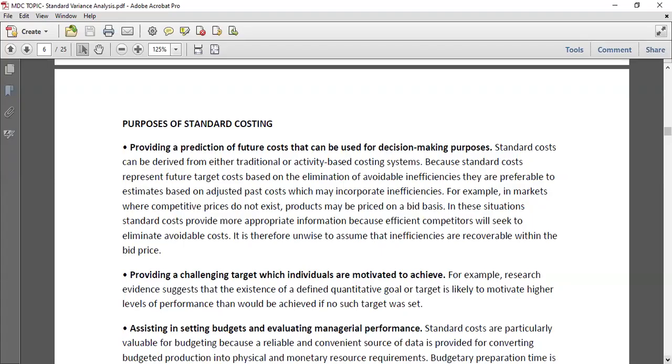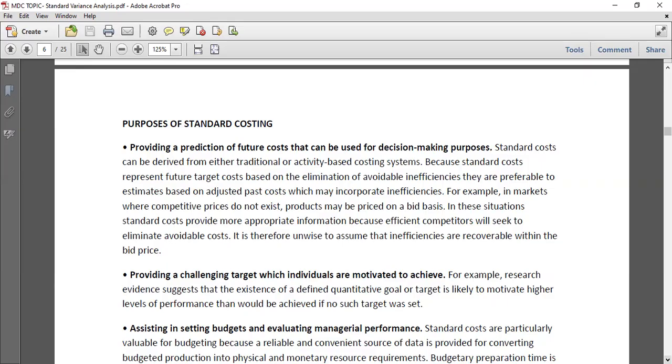Basically, there's involvement. And expected standards are usually standards that apply to a given specified budget period, and are also based on a normal efficient operating condition. So it's good that you understand the types of standards.